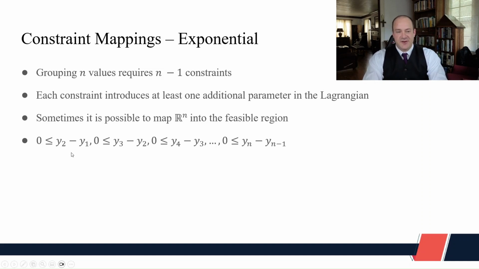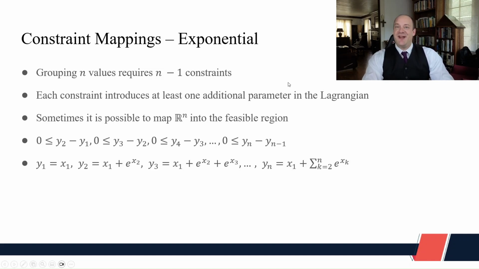When stuff is increasing, that means y2 minus y1 is positive, y3 minus y2 is positive, y4 minus y3 is positive, yn minus yn-1 is positive, or non-negative. And so you say to yourself, what functions do I know that make things positive? If you do a lot of modeling using GLMs, you know the exponential function. The exponential function always makes things positive.